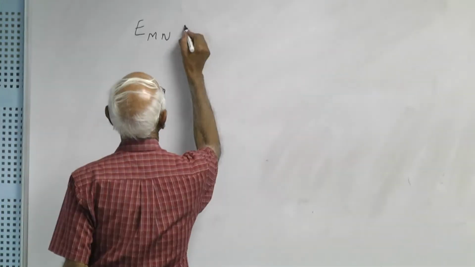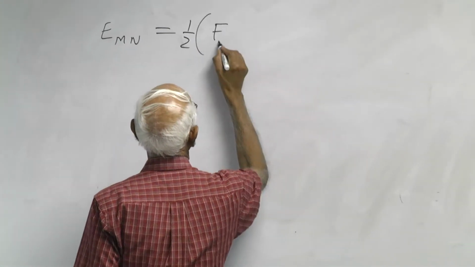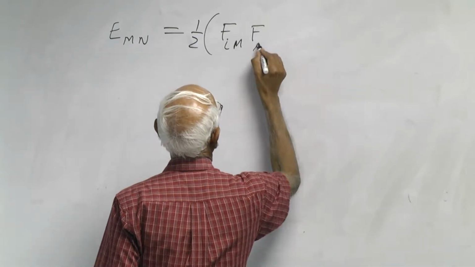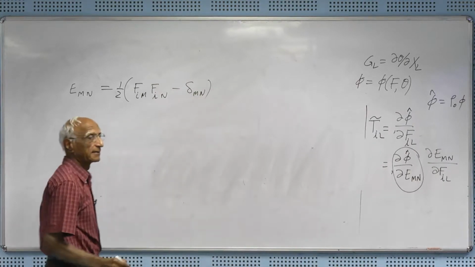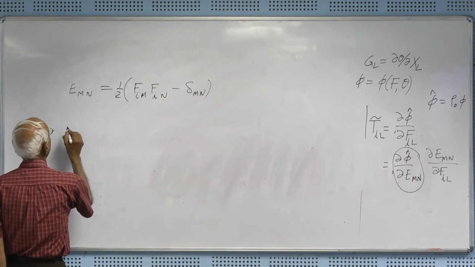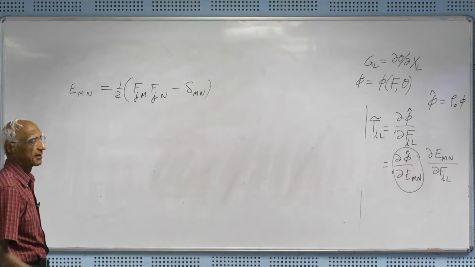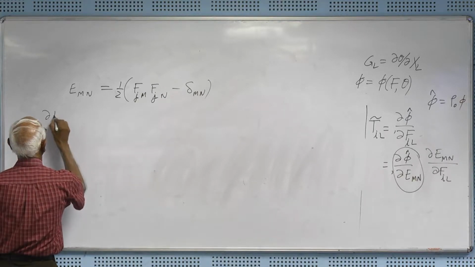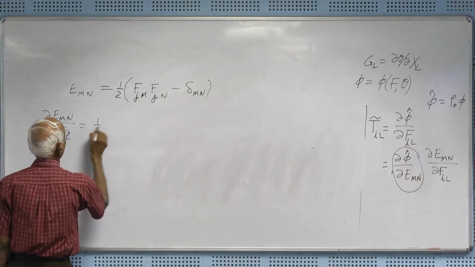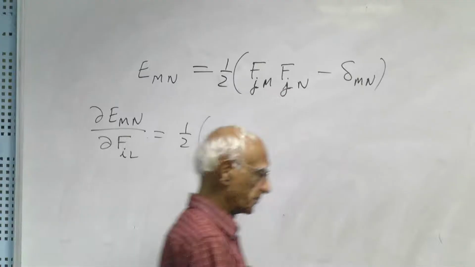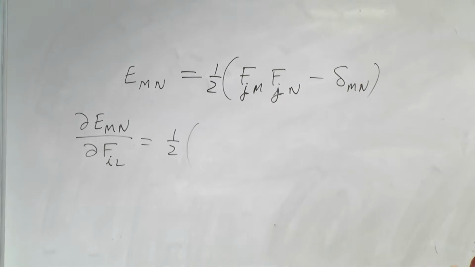So E_mn, I think we wrote, is 1/2 of C, which is F_im F_in, minus delta_mn. And if we differentiate this, let me write J here, because I'm going to differentiate with respect to F_iL. So delta E_mn over delta F_iL is 1/2. When you differentiate, each one of these 9 quantities is independent.